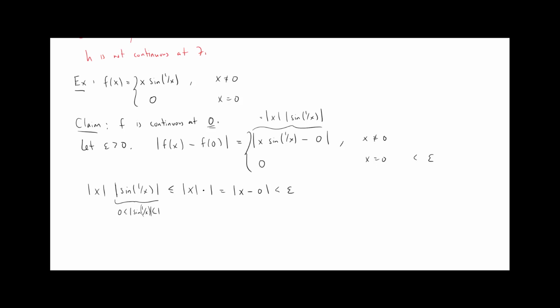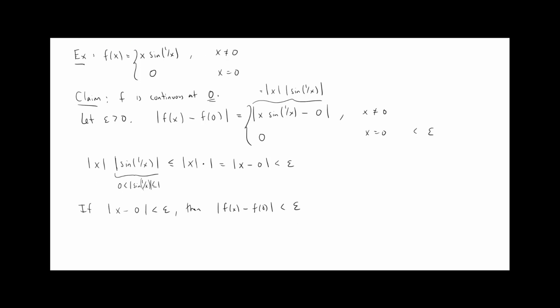This tells me that if the absolute value of x minus 0, that is, the distance between x and 0, is less than epsilon, then the distance between f of x and f of 0 is also going to be less than epsilon. Again, remembering that in the case where x is 0, we actually get 0, which is certainly less than epsilon. And so this implies that f is continuous at 0.